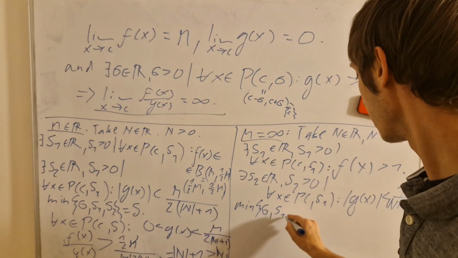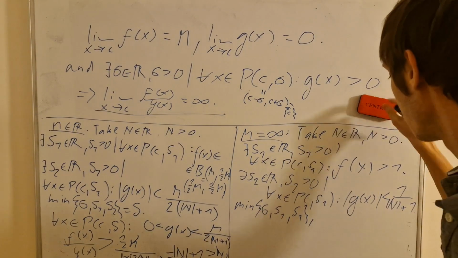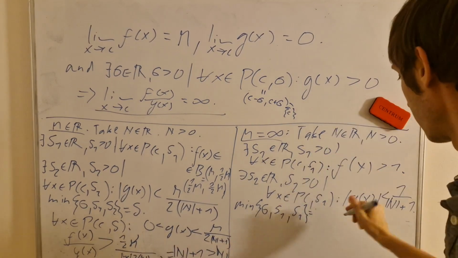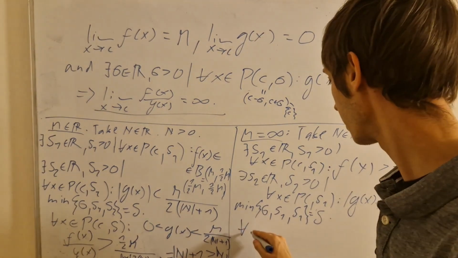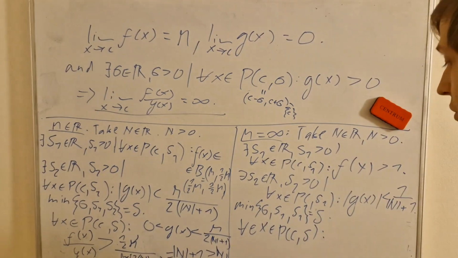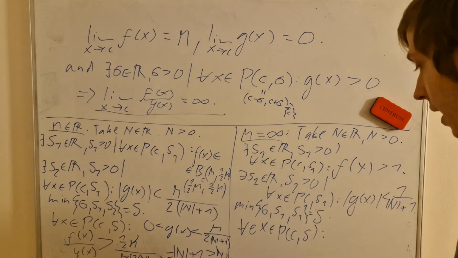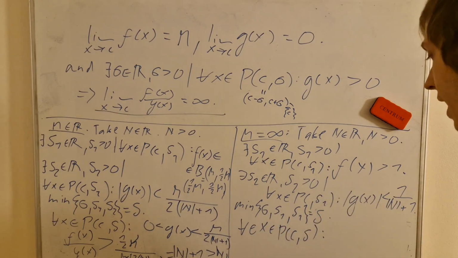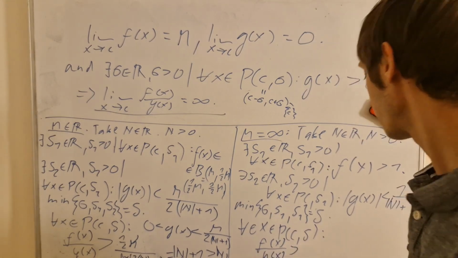So the minimum of delta 1, delta 2, and we set that equal to delta, and then for every x in the neighborhood defined by delta in the inputs, the neighborhood not containing c itself but containing the neighborhood around it, we have that f of x over g of x is now strictly bigger than what?